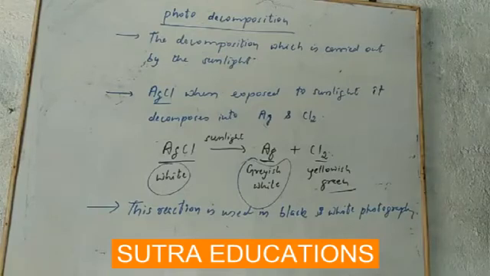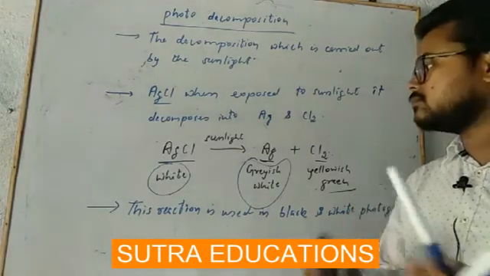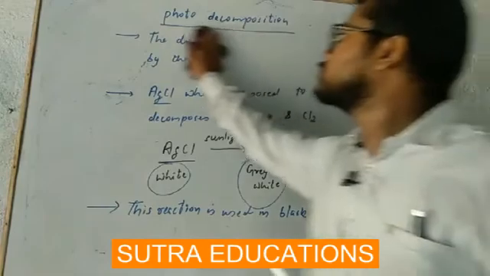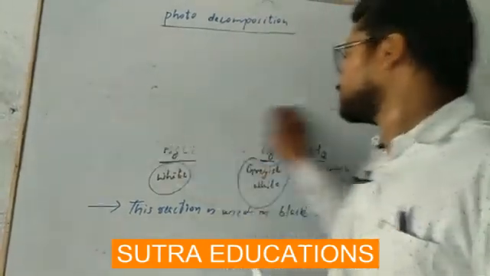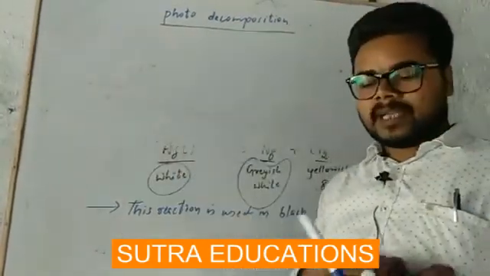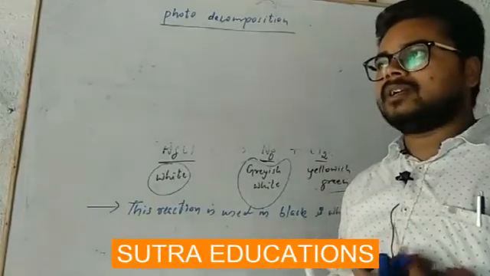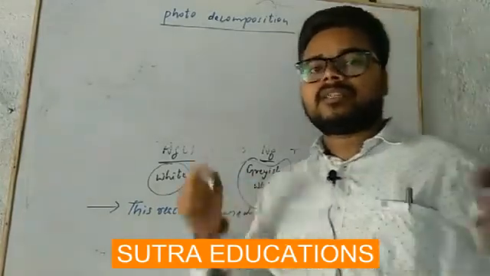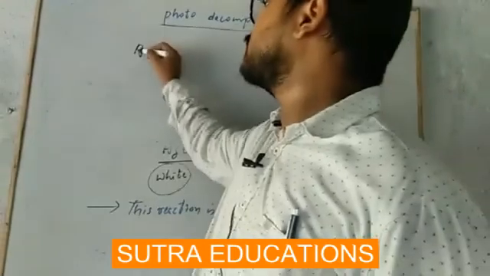Okay, take some more examples. AgBr also shows photo decomposition. Silver bromide, AgBr.